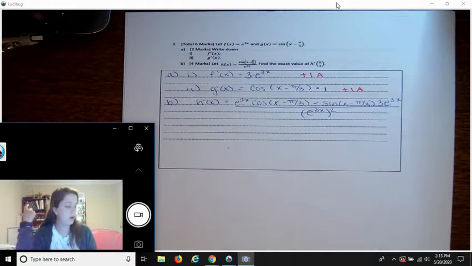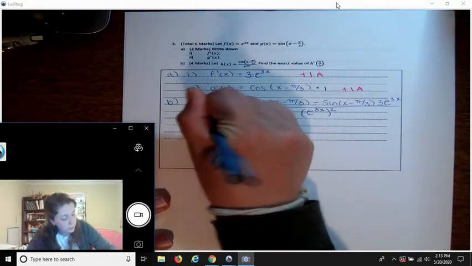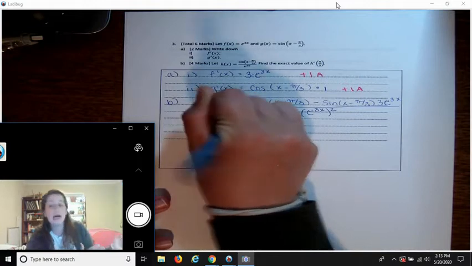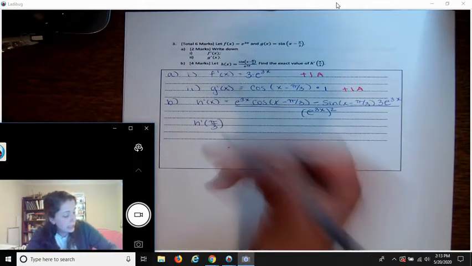But we don't have to simplify it all the way down, because we're just trying to find h prime of pi over 3. It doesn't tell us to simplify, so why simplify when we could just leave it like that?